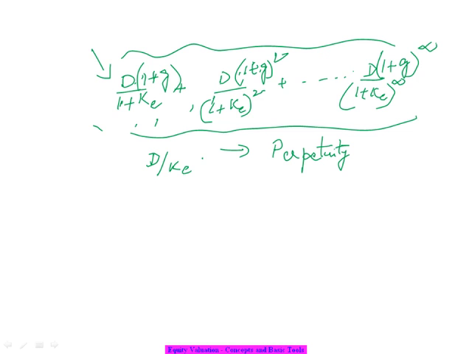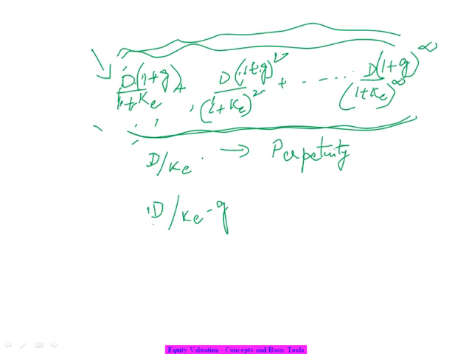Whereas there could be an example where the dividend is growing every year at a constant rate G. So again, using the same mathematics, if the dividend is growing at a constant rate G forever, the sum of all these things put together is D by Ke minus G.